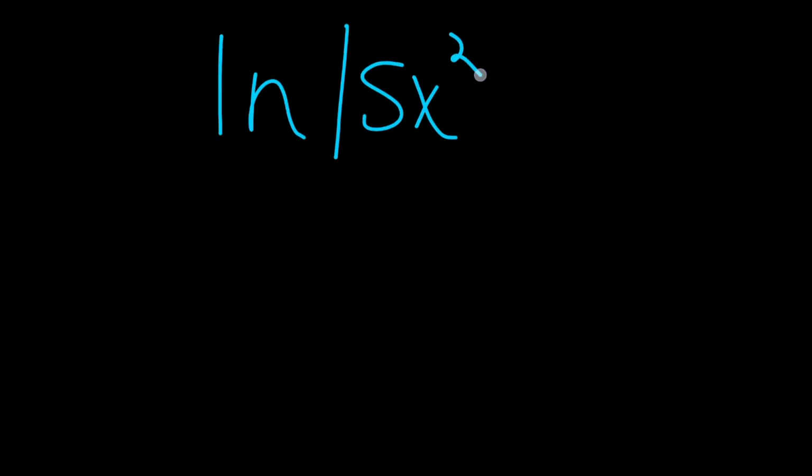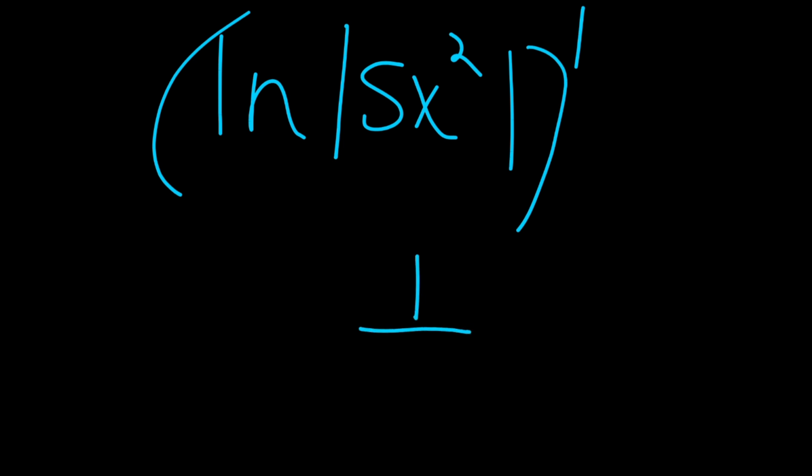Alright, let's do a couple of practice problems. So ln of 5x squared equals, just ln of 5x squared. Take the derivative. Go ahead, pause the video and see what you get. So this is going to be 1 over, I didn't get into this, but the normal one is 1 over x.